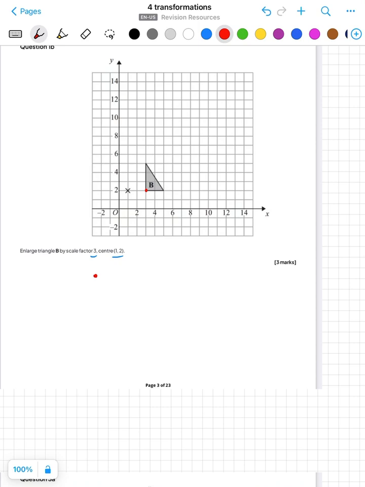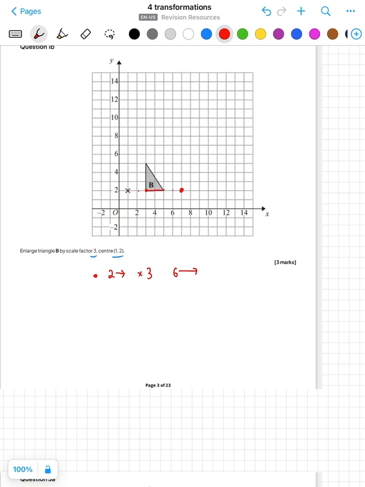So we pick a point and we say that point is 2 units to the right of the centre of enlargement. It's a scale factor of 3, that's now going to be multiplied by 3, so we're now going 6 units to the right. So our new point will be here.